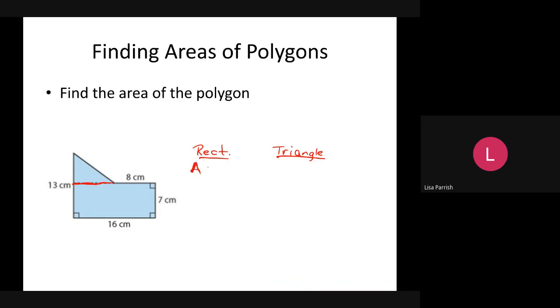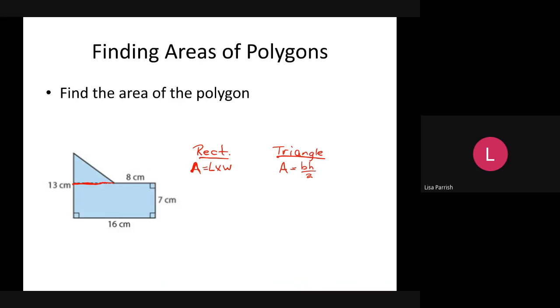So the formula for a rectangle we know is length times width. And for a triangle, again, you can do 1/2 base times height, or you can do base times height divided by 2. Either way will get you there, okay? I will probably just do base times height divided by 2 just to make it a little easier, but either way will get you there.